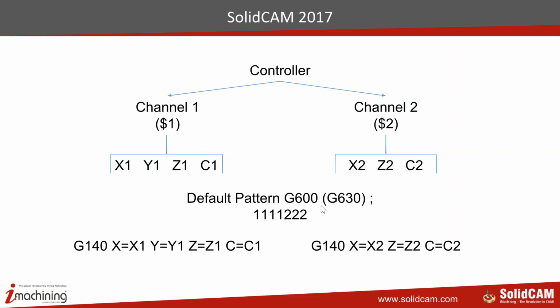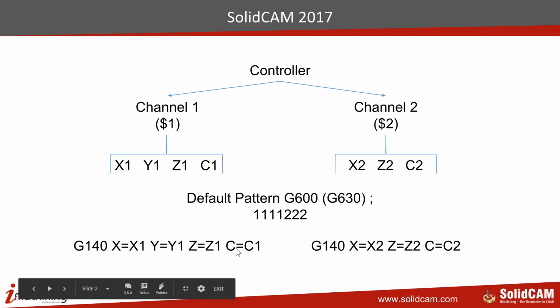Now I talk about the manual mode of transferring axis control and the automatic mode. The manual mode uses a G-code command, G140, and you assign to X, I will use X1.